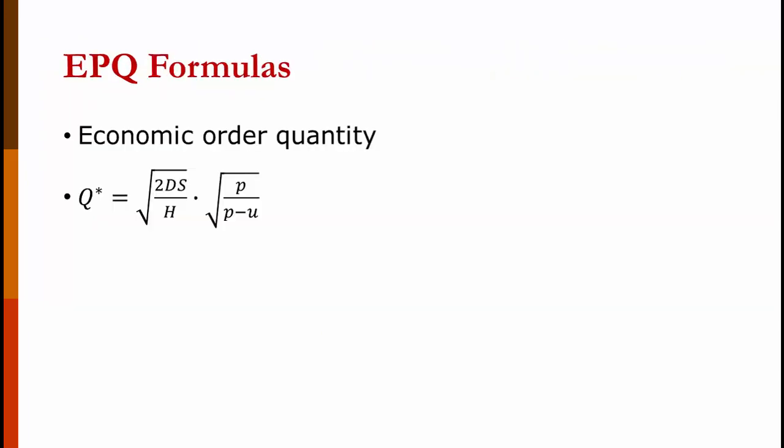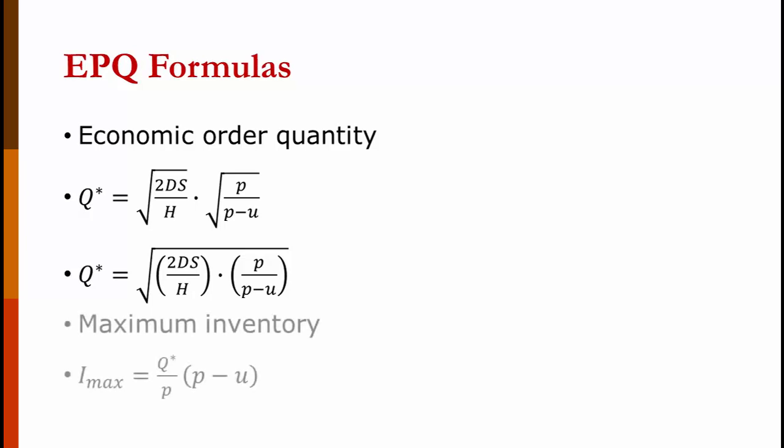The economic order quantity is calculated as the square root of 2DS over H, which is the same as the basic EOQ, times the square root of P, the daily production rate, divided by P minus U, U being the daily usage rate. Some textbooks will put both of these under the same radical. That's fine. Maximum inventory, I sub max, is equal to my order quantity divided by my daily production rate times my production rate minus my daily usage rate.